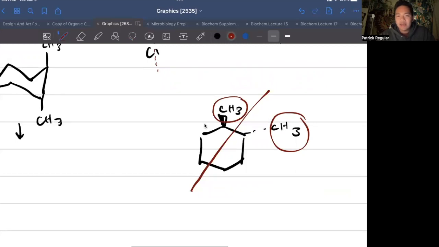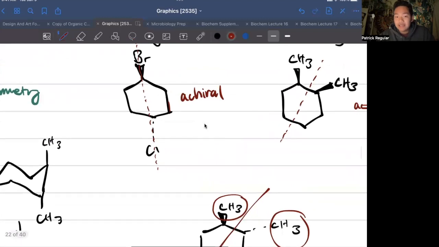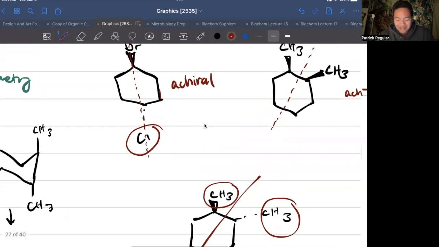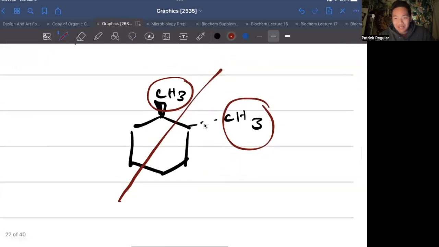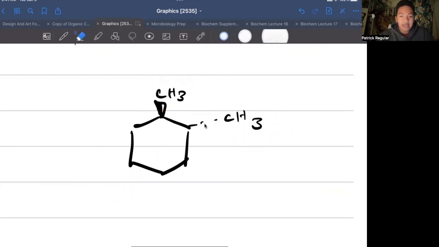You might be thinking, didn't we just do that 2 compounds ago up here? We did, but they lie on that line of symmetry. These groups don't lie on that line of symmetry, so they're not fair game. We have to consider their spatial arrangement. And if you're looking at this, these are chiral.